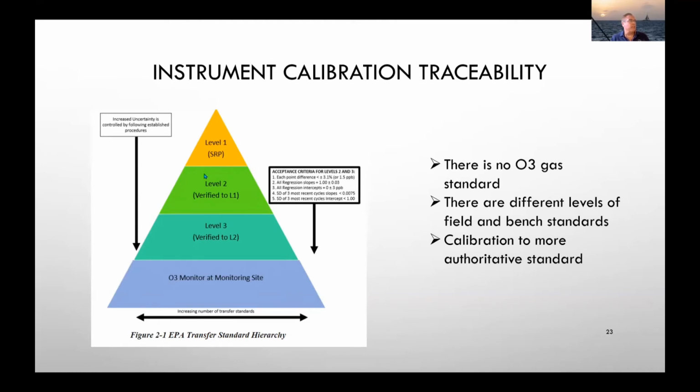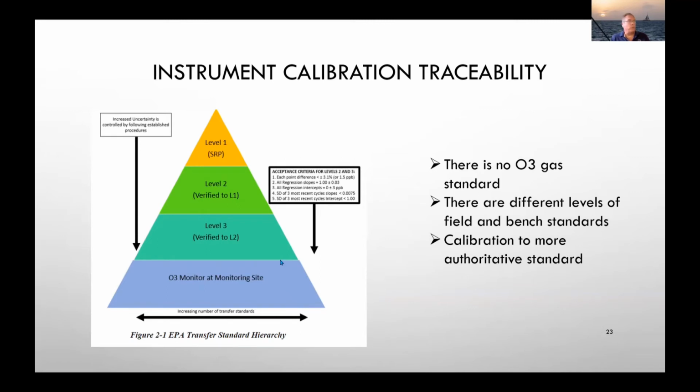The level 2 bench standard then is maintained in our headquarters, in our calibration shop, and is made available to do verifications and recertifications for our level 3 field standards. And these level 3 field standards are used to do calibrations at our ozone monitoring sites throughout the air monitoring network.